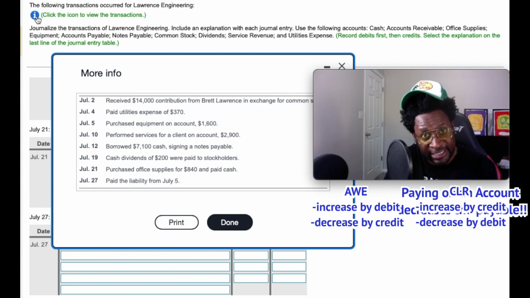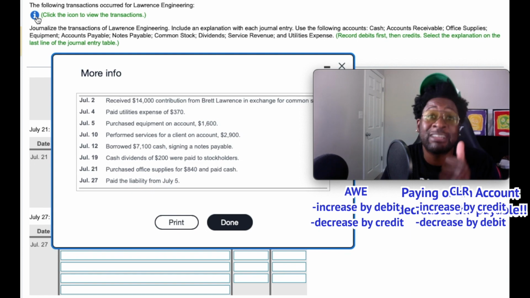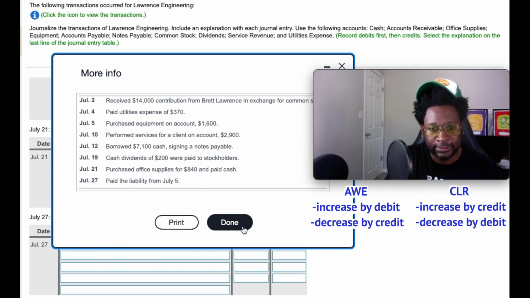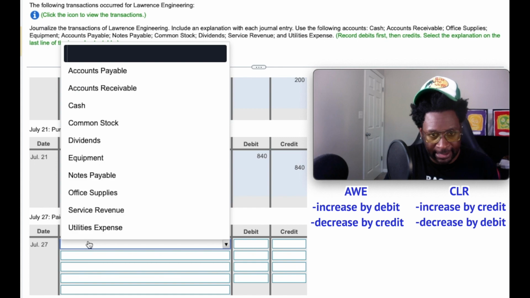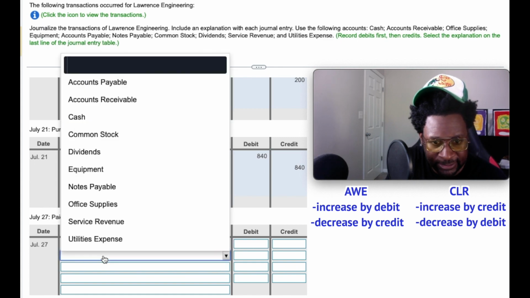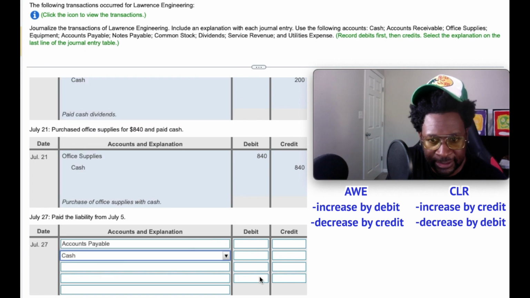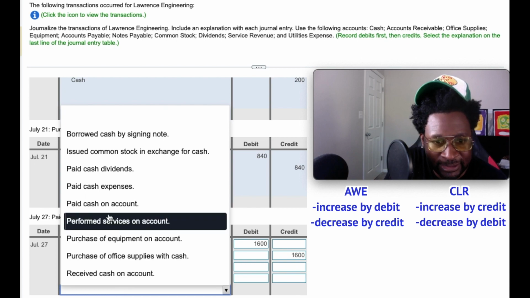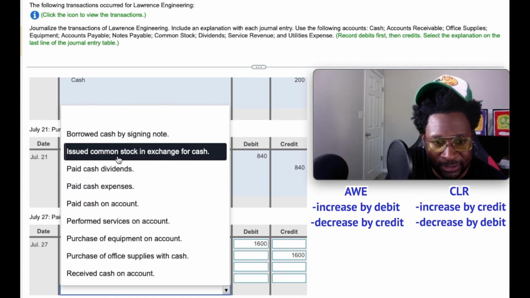You pay on an account, it goes down. You collect on an account, it also goes down. So we're going to debit accounts payable for $1,600, and we're going to credit cash for the $1,600. And the explanation is simply telling us to pay on account.